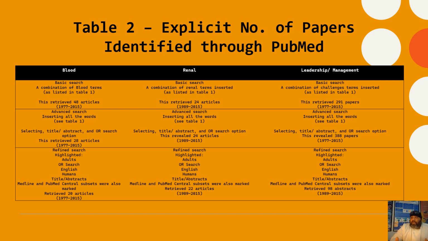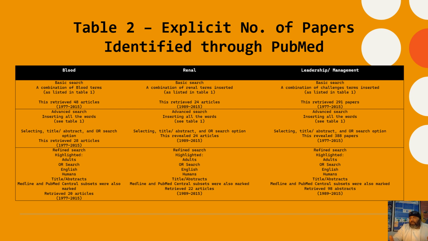This revealed initially 48 articles between 1977 and 2015.